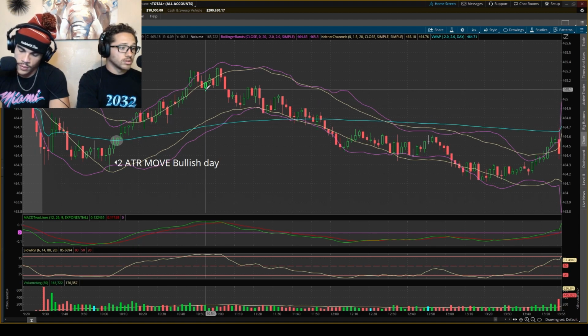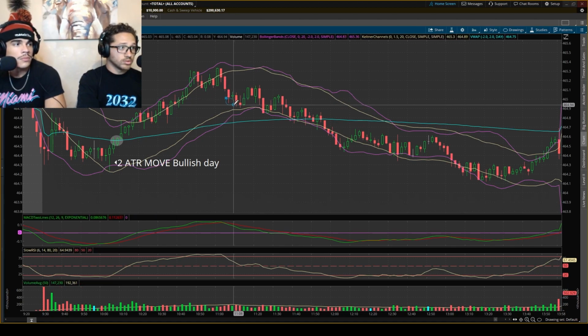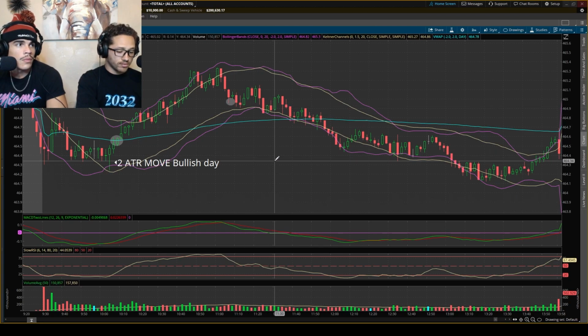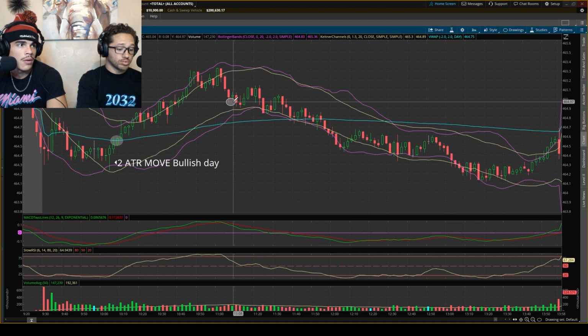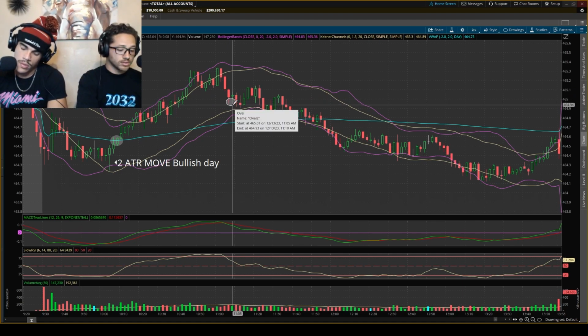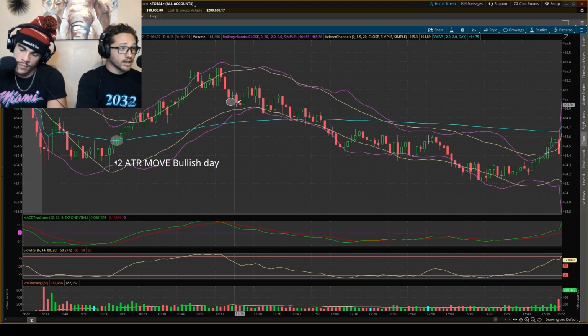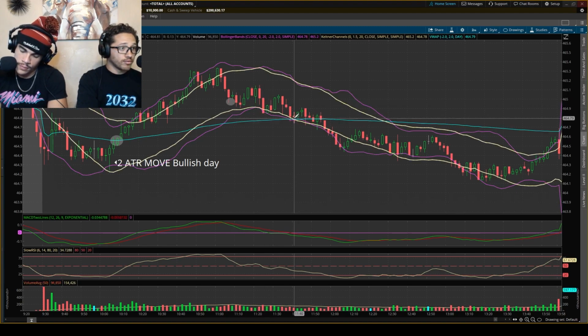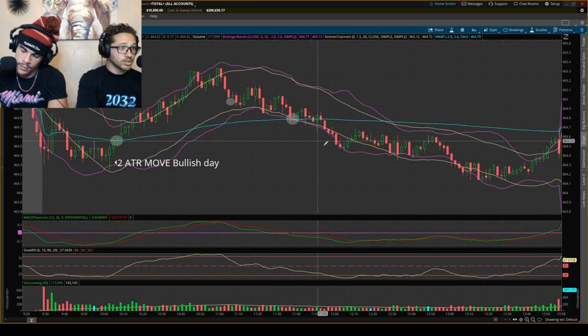We had another entry here at 465.02. We were looking for support at 11:12. Then I had another re-entry at 11:40, which is here. At 11:40, boom, another entry.